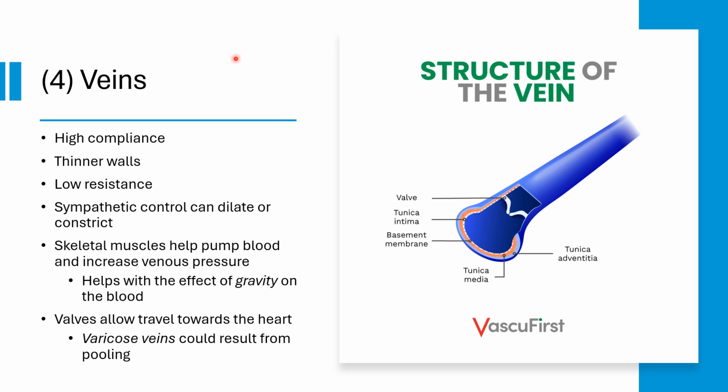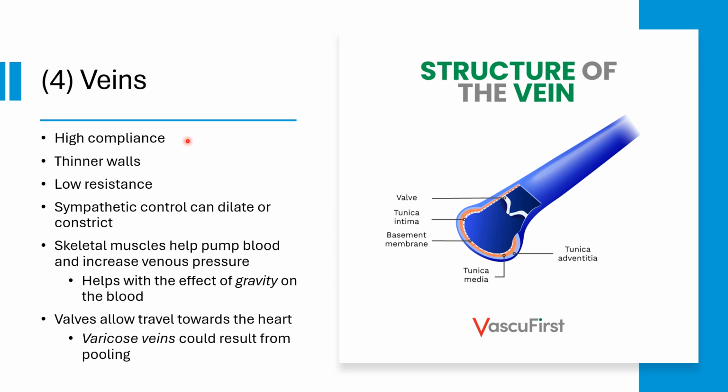Structure number 4, veins. One of the main differences that we saw with a vein is that it had a very wide lumen. Also that it was not as muscular as an artery. It has a high compliance. That means that it's able to move material through it because it has thinner walls.